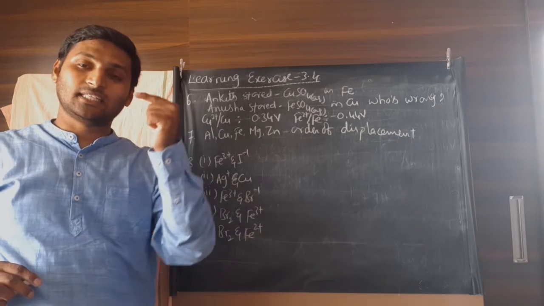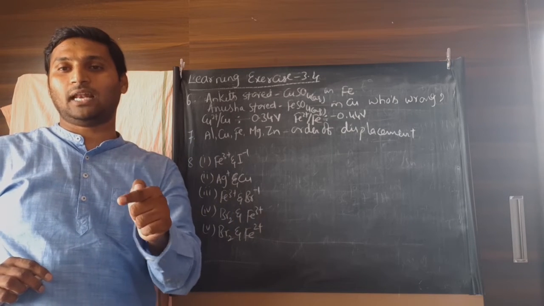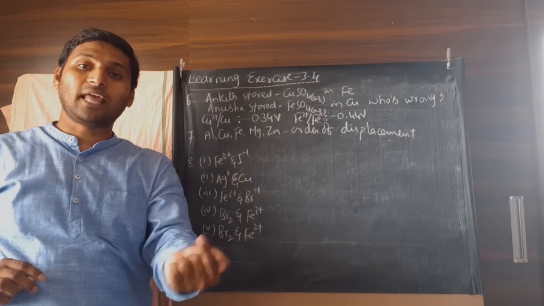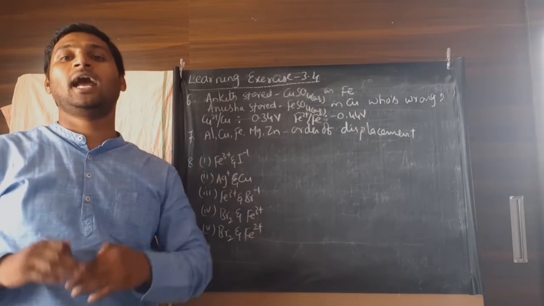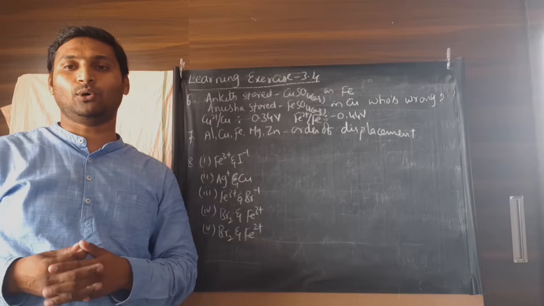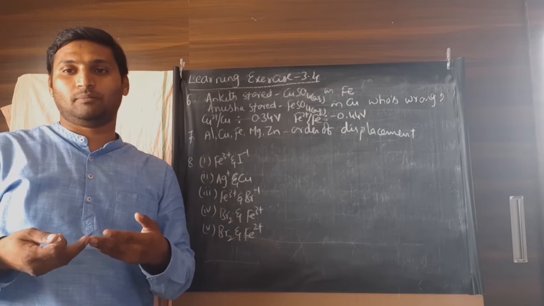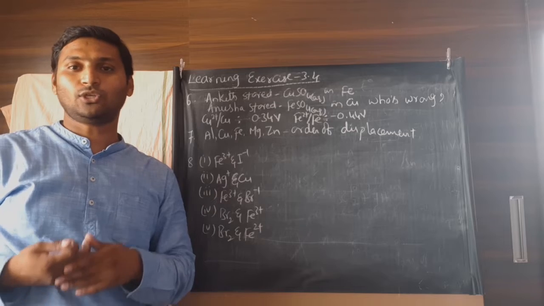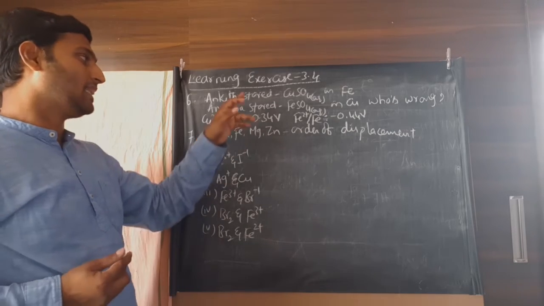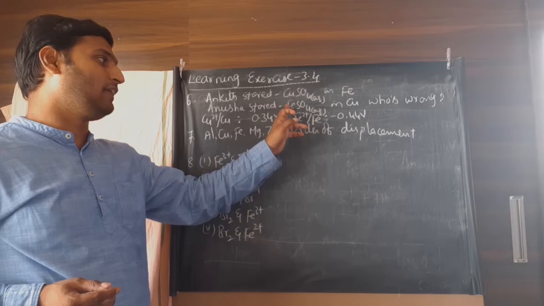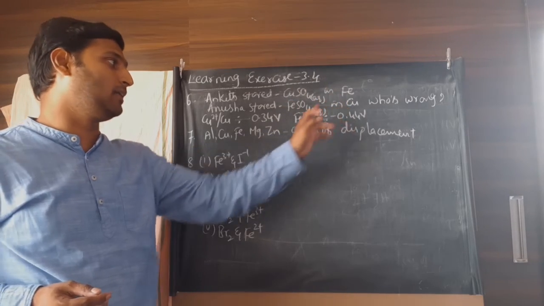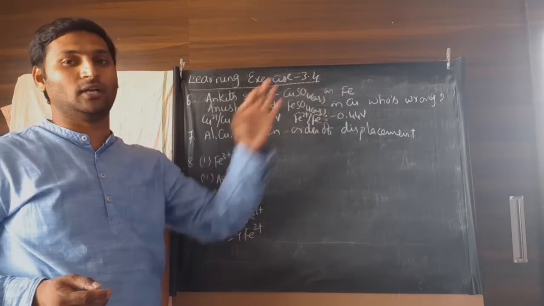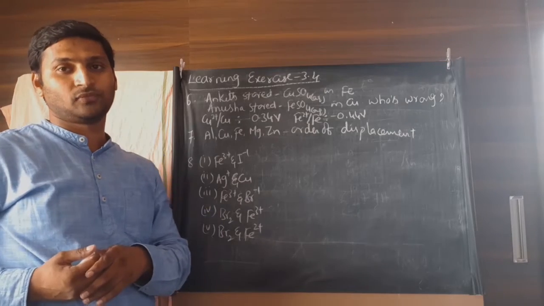Otherwise, the metal present in the vessel will displace the metal present in the solution, and the nature of the substance will be lost. So that should not happen. That's why ferrous sulfate solution being stored in copper is fine, while copper sulfate solution being stored in iron is a mistake.